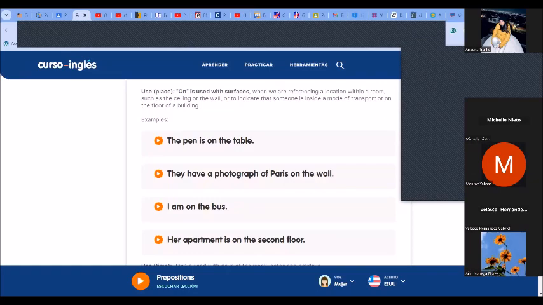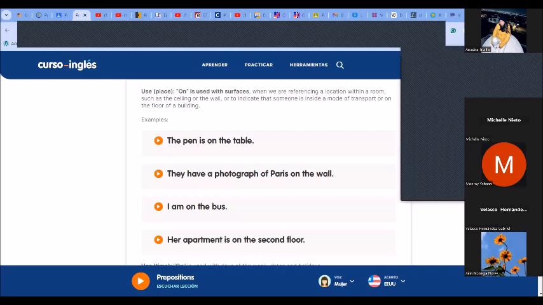On is used with surfaces when we are referencing a location within a room, such as the ceiling or the wall, or to indicate that someone is inside a mode of transport or on the floor of a building.